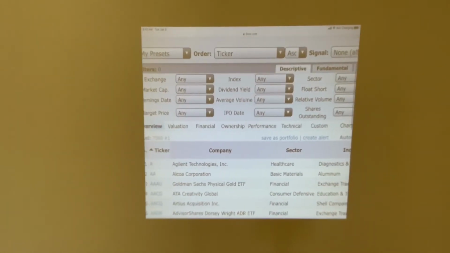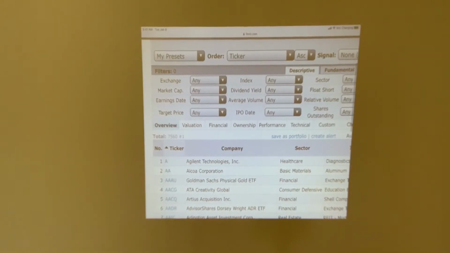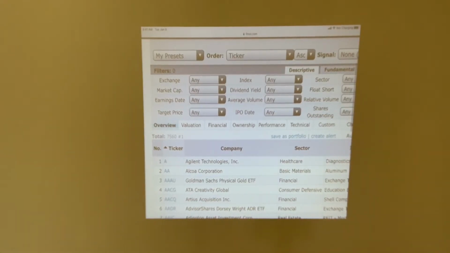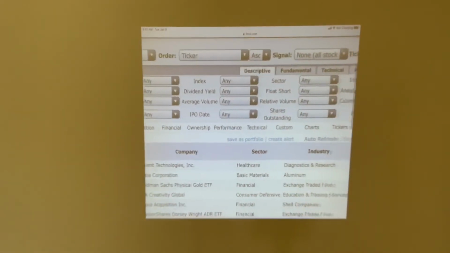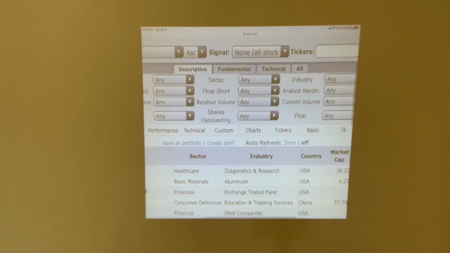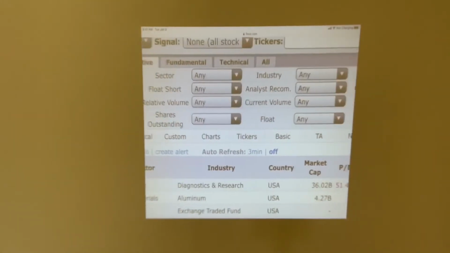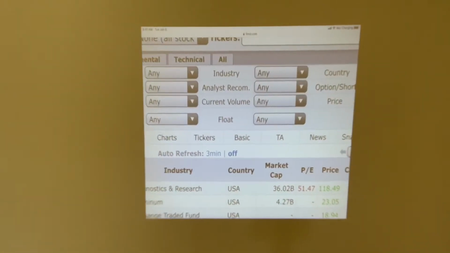You can, for instance, sort by market cap. Let's say you are interested in a business that is worth over $500 million. So you can do that. There are a lot of ways to sort your search.